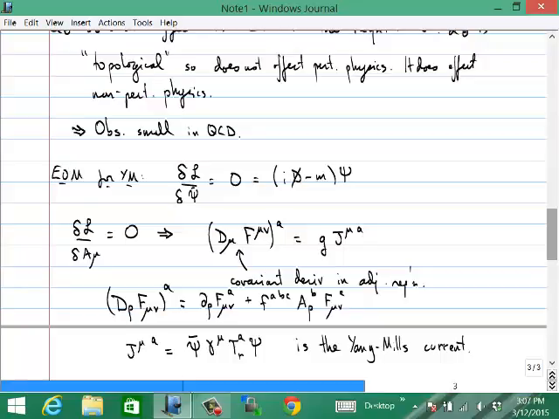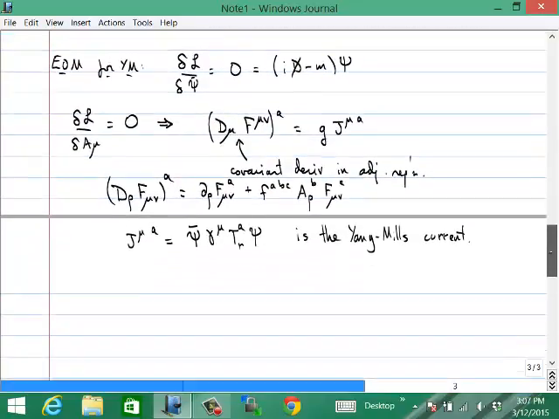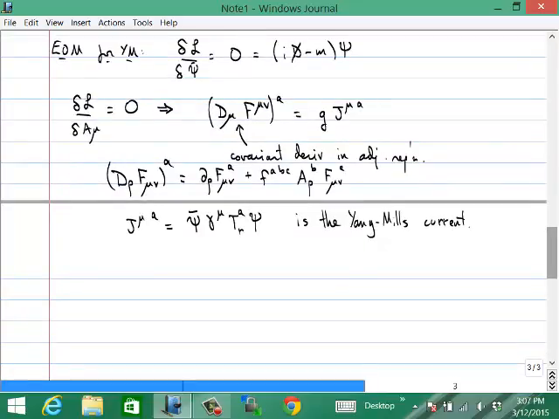But before I do that, we really need to clarify one very important issue in defining Yang-Mills theory, which is that gauge invariance must be treated rather carefully.